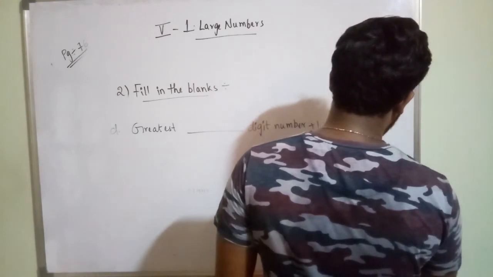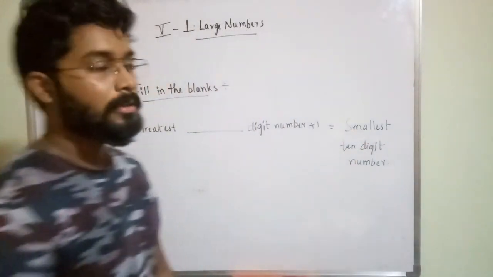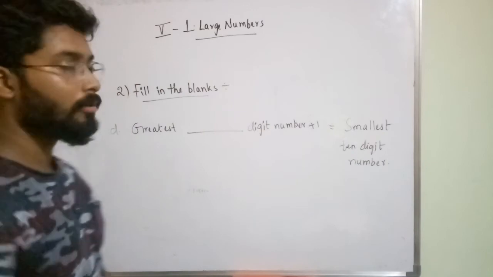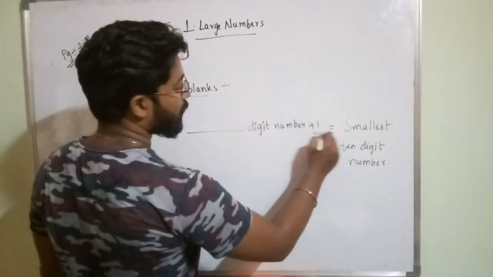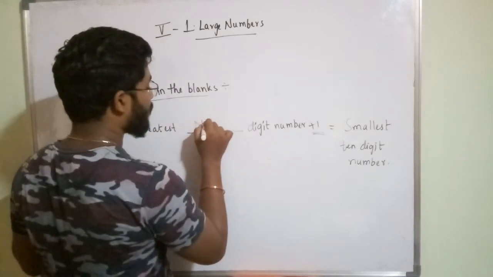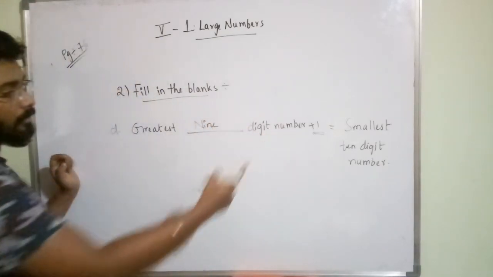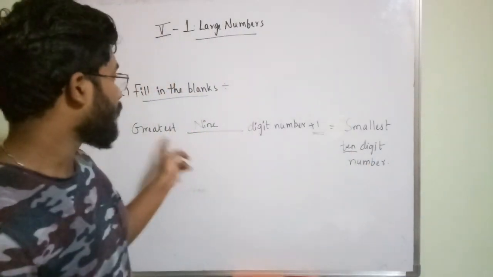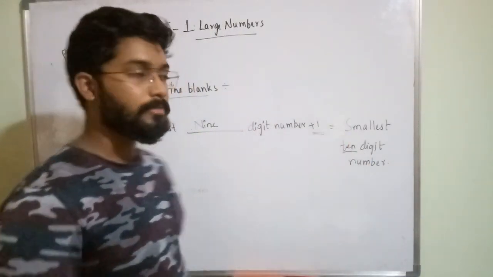After 9 digit numbers only you will get 10 digit numbers, no? So after greatest 9 digit number only you will get smallest 10 digit number. After means here plus 1, it is indicated by plus 1. So greatest 9 digit number plus 1, 9 plus 1 equal to 10. So after greatest 9 digit number you are going to get smallest 10 digit number.